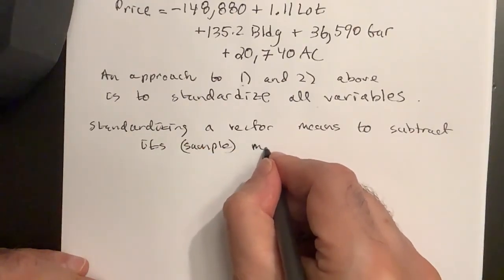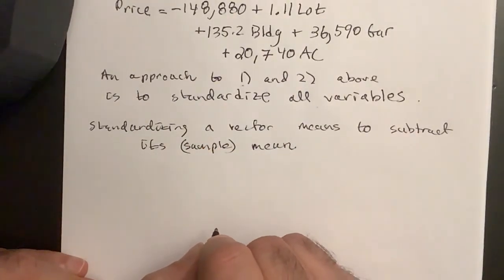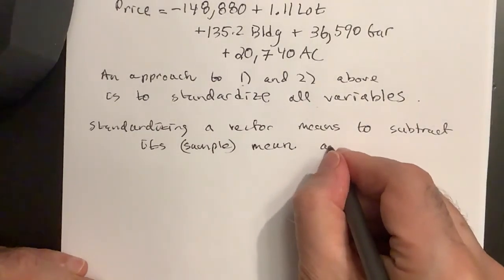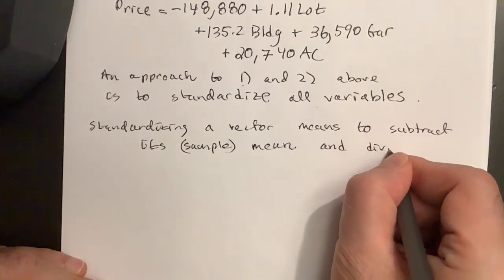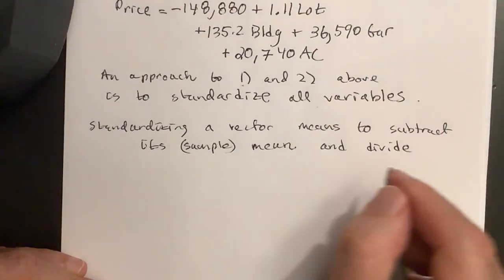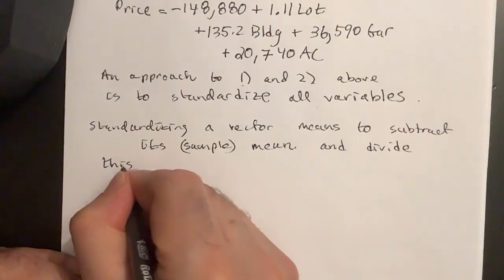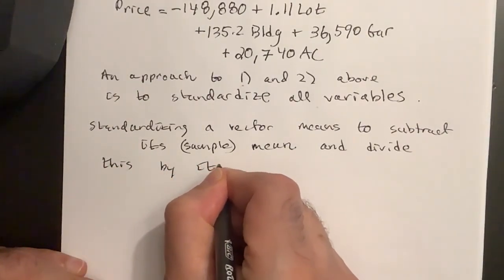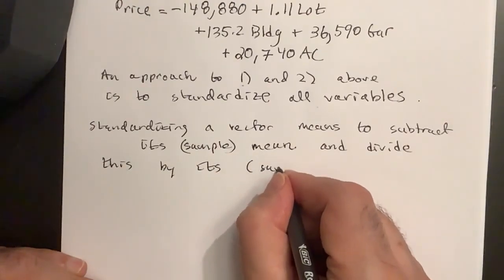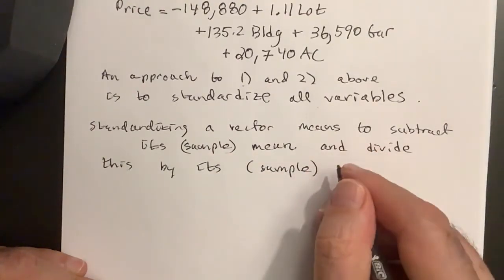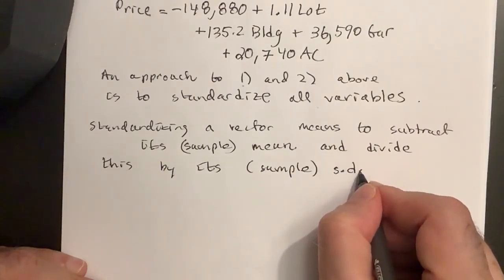We don't know what these things really are. It's the sample mean, and divide this, after we subtract, by its sample standard deviation.